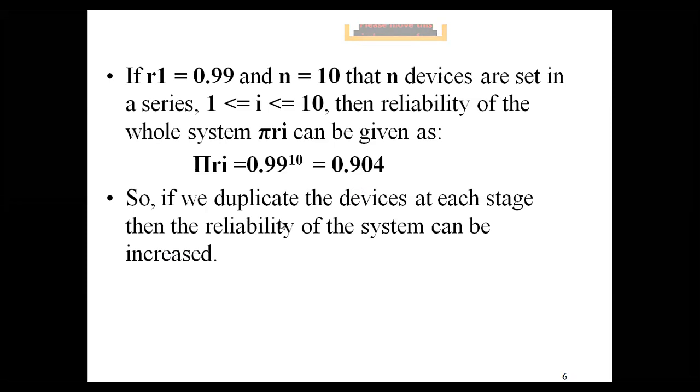So if we duplicate the devices at each stage, then the reliability of the system can be increased. Now what do we want to do? We want to duplicate the devices. That means suppose D1 is there, you are taking 3 D1s or 4 D1s, 4 devices of D1 type, or suppose D2 is there, you want to take 4 devices of D2 type, then you can improve the reliability. Suppose, for example, a marker pen is one device.